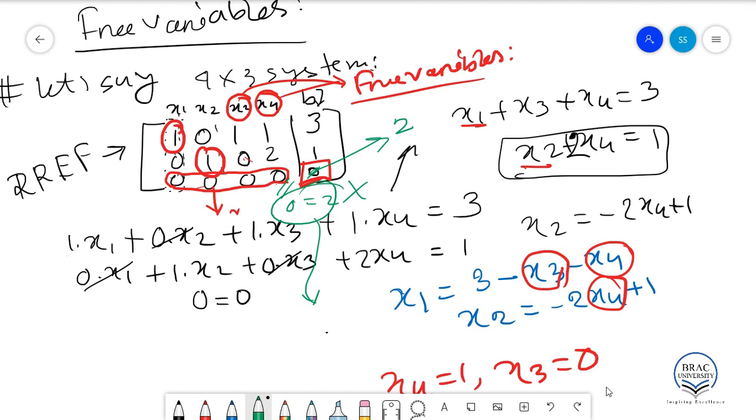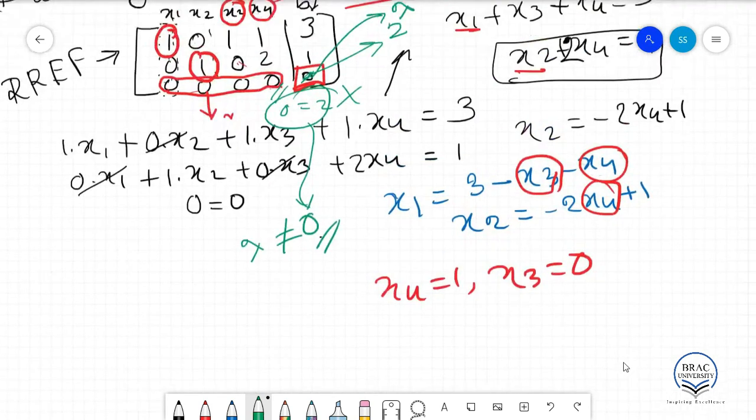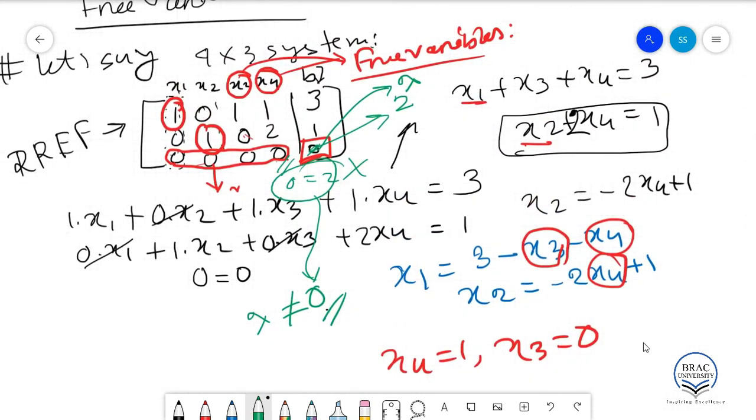That is, the system has no solution at all. Let's say instead of 0 you have some lambda, and if that lambda is not equal to 0, then the system won't give any solution at all. So if there is no solution, there is no relevance of the free variables or the leading variables. So this is the discussion on the free variables.